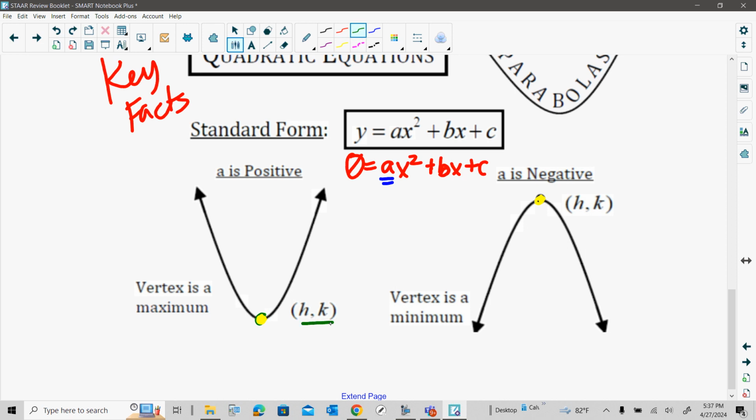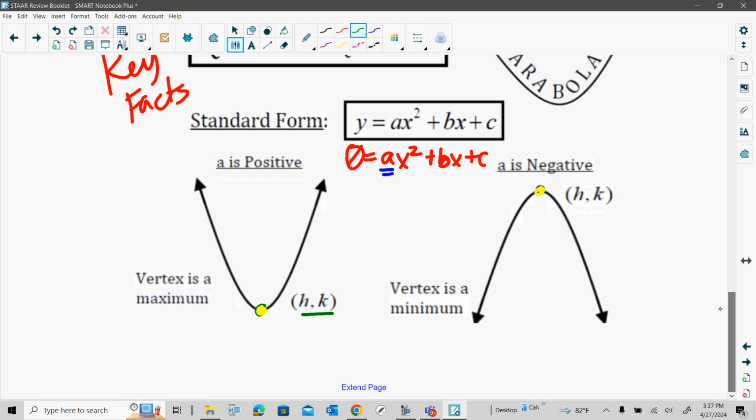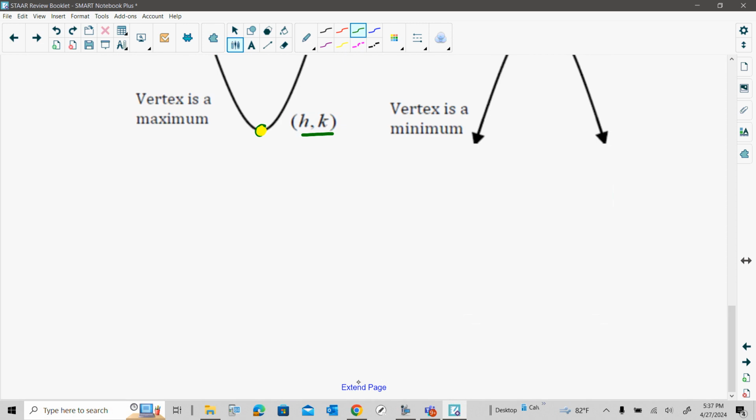When I have an h and a k that can represent the vertex, that can be used for vertex form. So you could probably add this to your notes, your vertex form, but this is on the formula chart as well.